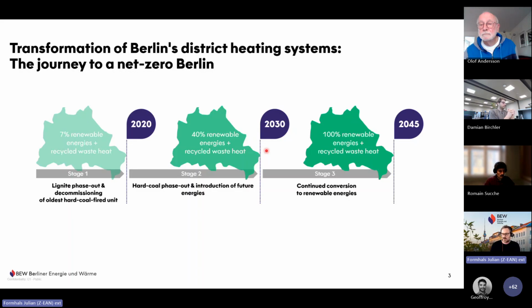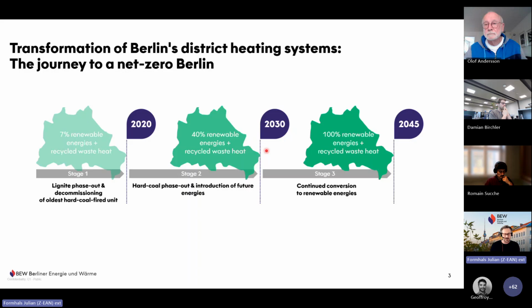Our final goal is 100% renewables in 2045 by regulation, and we already made a first step in 2020 by phasing out all lignite generation and increasing the renewable share to 7%.